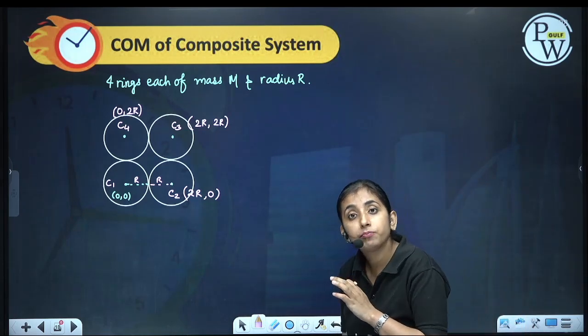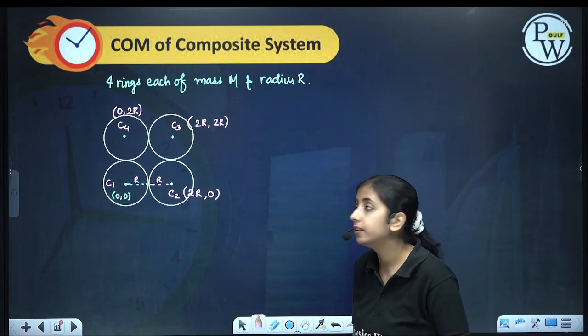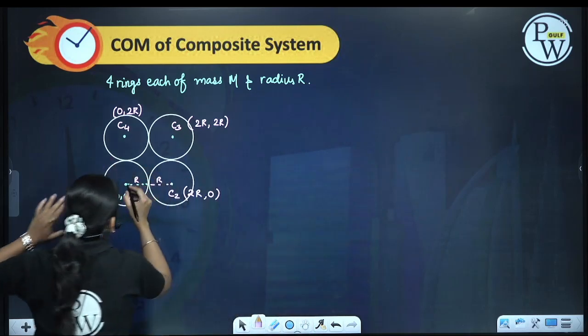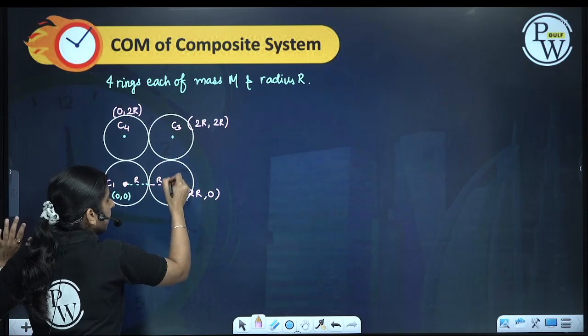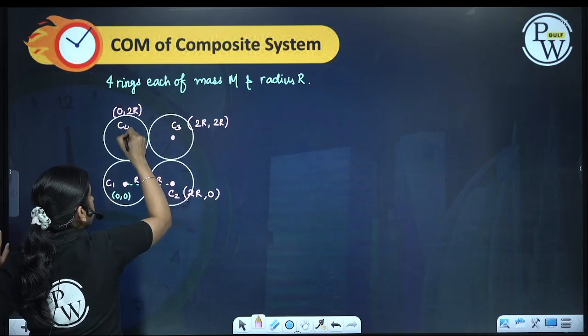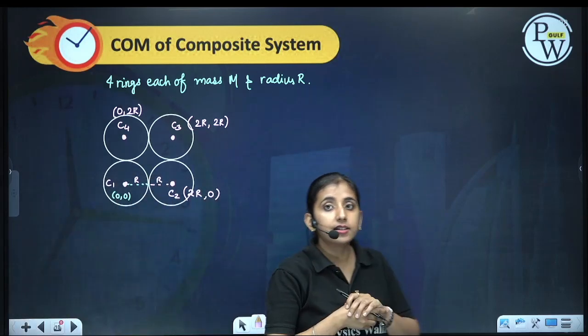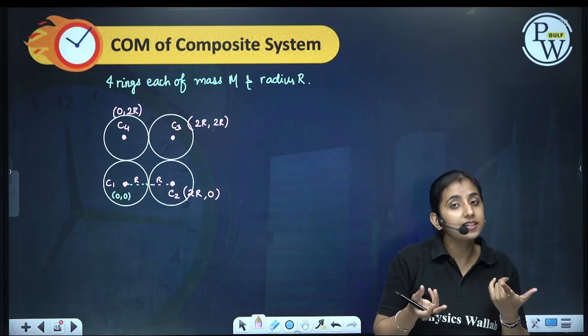Now, the center of mass is a point where we assume that the whole of the mass is concentrated. So we can assume that the whole mass of this ring is present at C1, of this ring at C2, similarly C3 and C4. Then it becomes a discrete system.